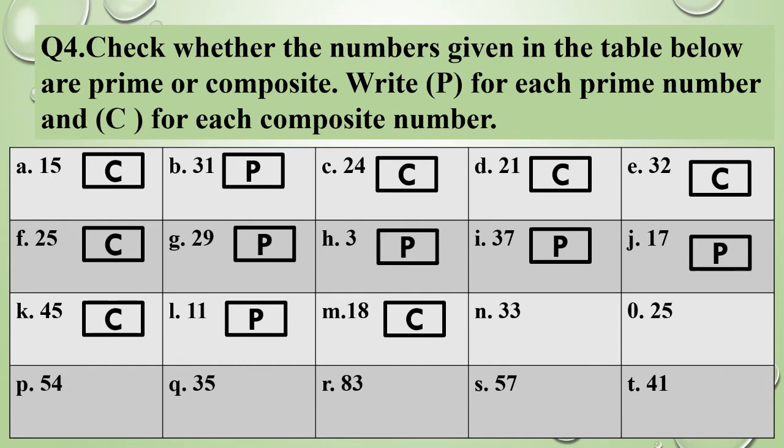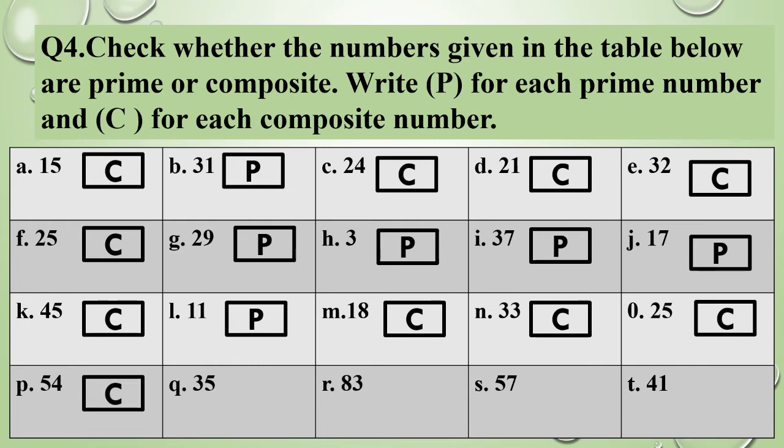Then 33 also has more than two factors, 1, 3, 11 and 33, so it is a composite number. Then number 25 again has more than two factors, 1, 5 and 25. So it is also a composite number.